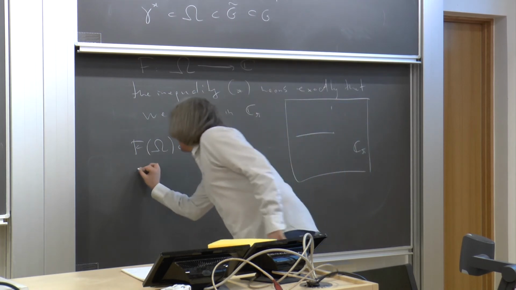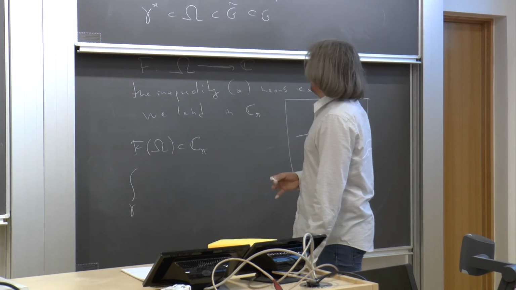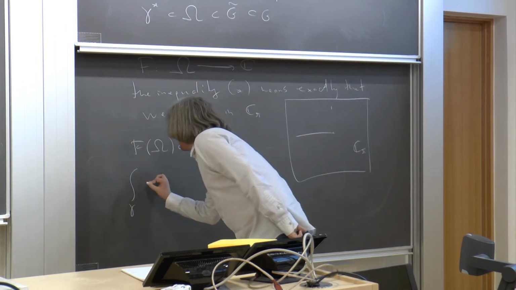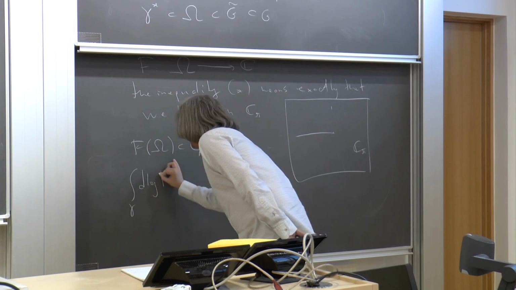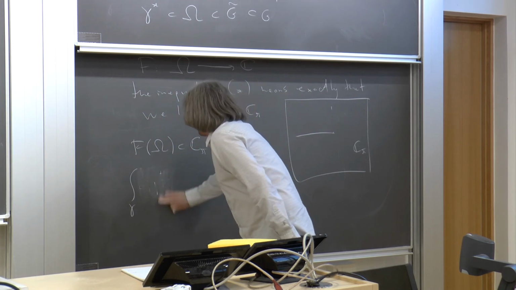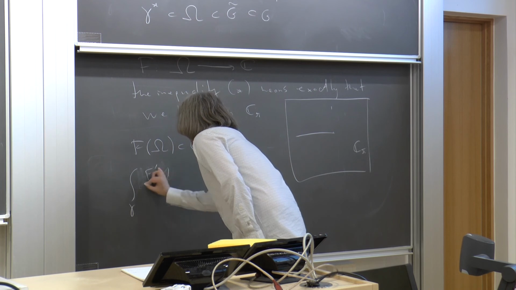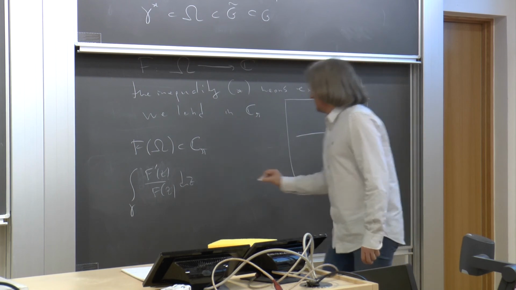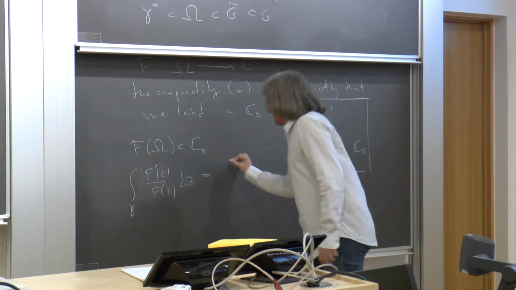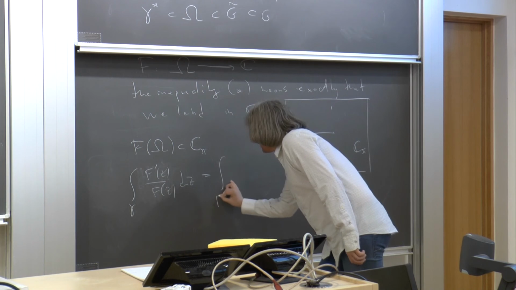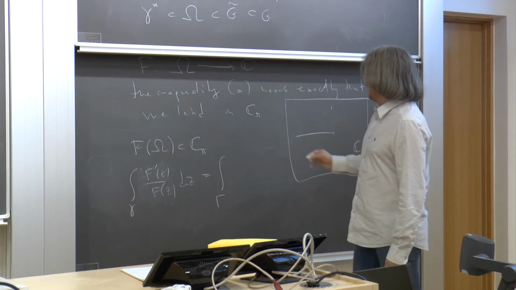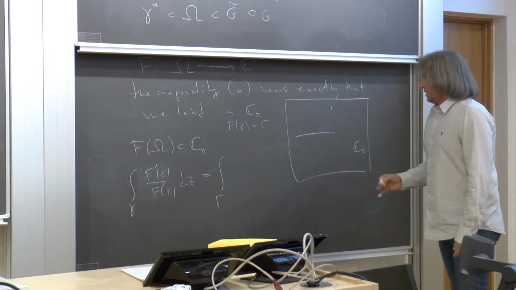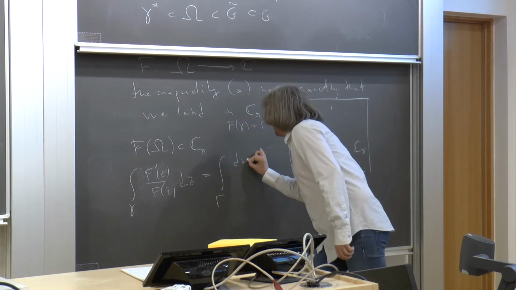So the integral over gamma of d log F becomes the integral over, I would say, capital Gamma, which is the image, of dw over w.